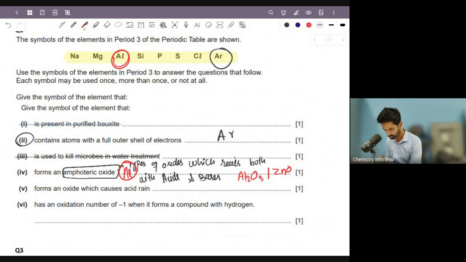Form an oxide that causes acid rain. So a non-metal oxide causes acid rain. I'll go with sulfur. Sulfur oxides cause acid rain. Okay, for the sixth one: has an oxidation number of -1. Which of these reacts with hydrogen and forms oxidation number -1?